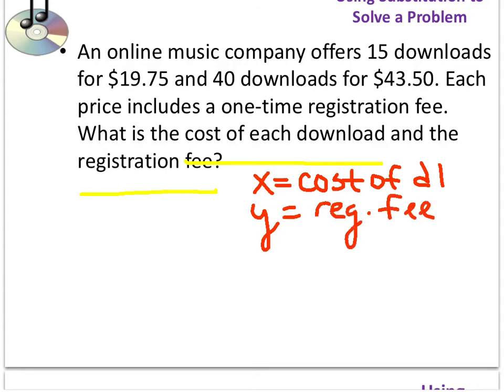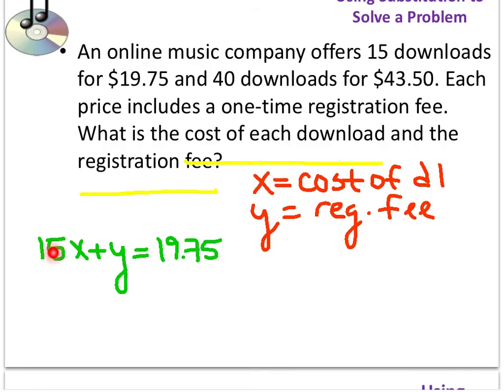Okay, so let's try to write our equations here. So an online music company offers 15 downloads for $19.75. Okay, now remember that includes the one-time registration fee. So 15 downloads plus the registration fee has to equal $19.75. Okay, so let's clarify that again.